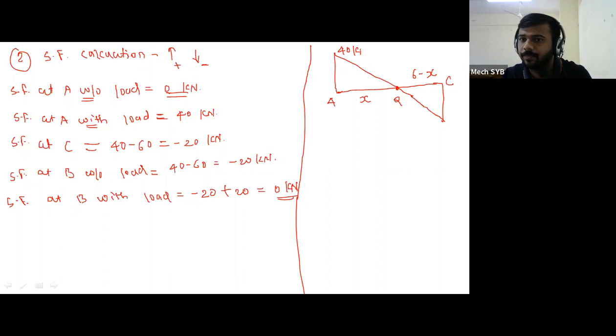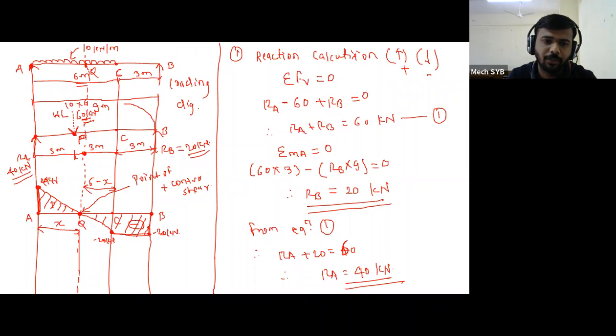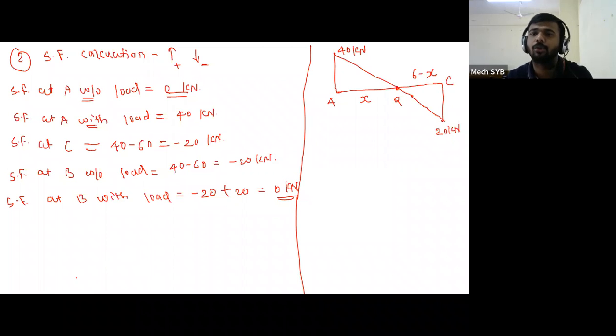This is 40 kilonewton and this is 20 kilonewton. Don't take minus 20. It is present in the negative region, no problem. But while calculating this x distance, don't take the negative sign of this 20. Only take 20 kilonewton. So this is the symmetrical triangle rule. Here we have to apply the symmetrical triangle rule to calculate the x distance.